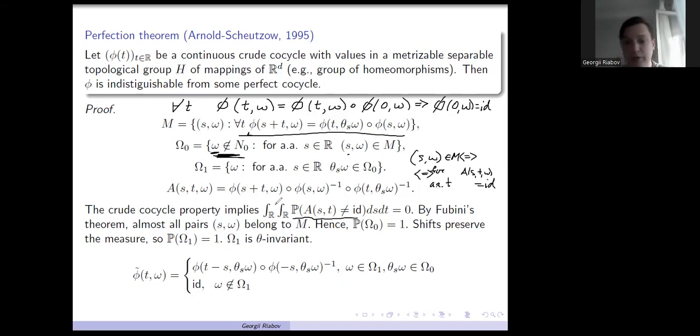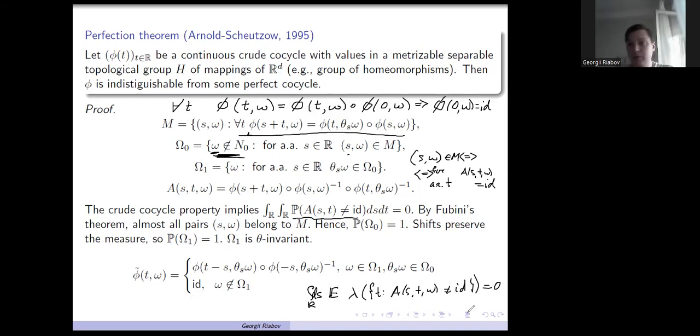Of course, we can integrate it with respect to s and t and also get 0. And now we apply the Fubini theorem to integrate first in s, then integrate in ω, so take expectation, and then integrate in t. So we will have the Lebesgue measure of t such that A(s,t,ω) is not equal to identity, and this is 0.